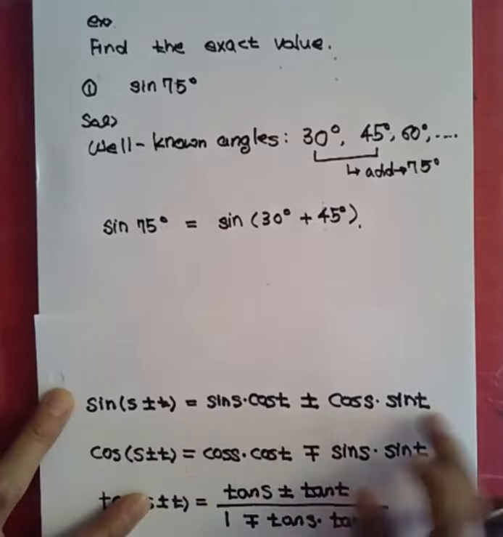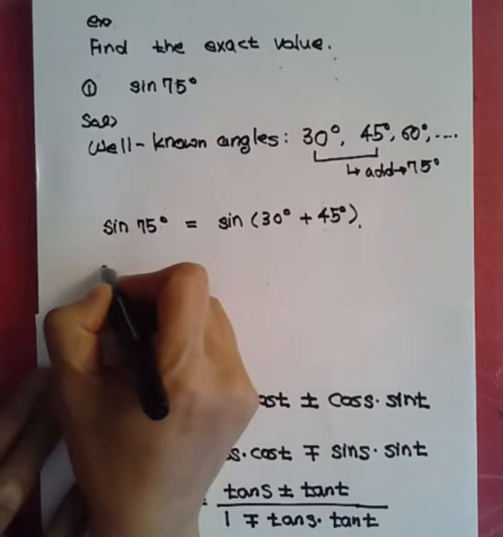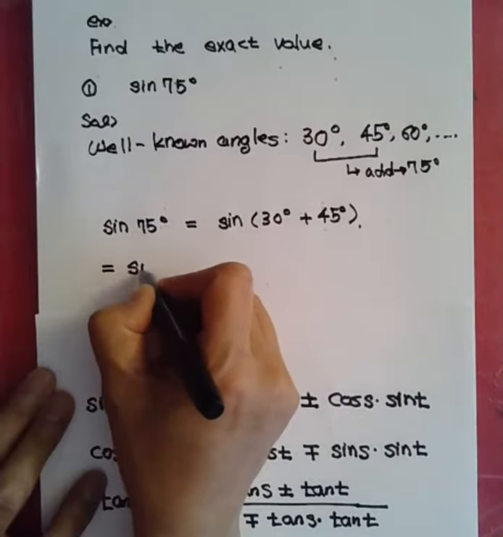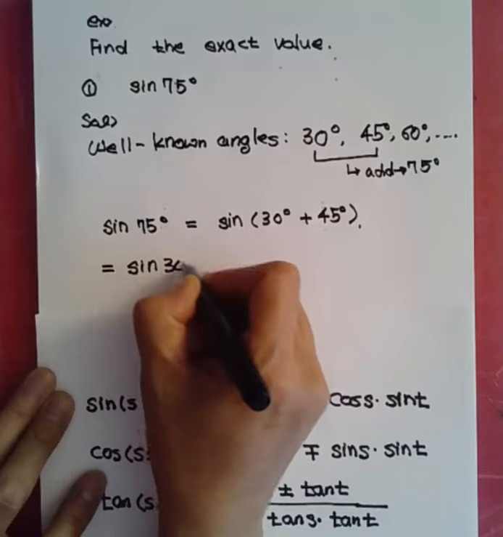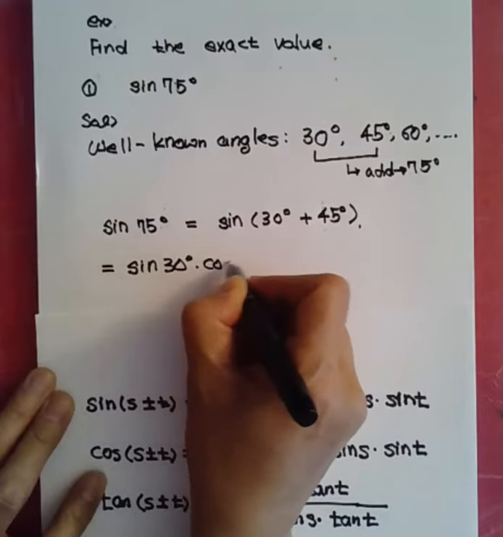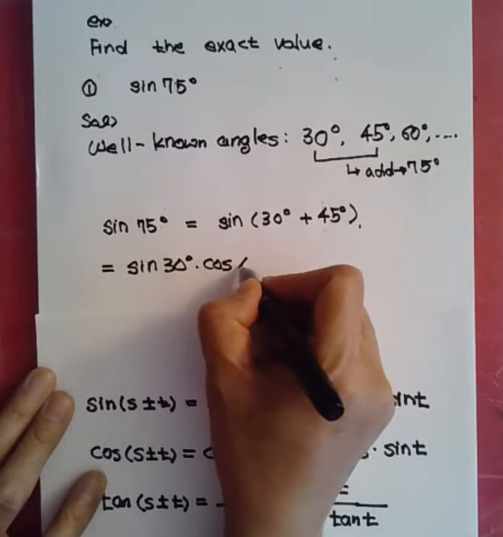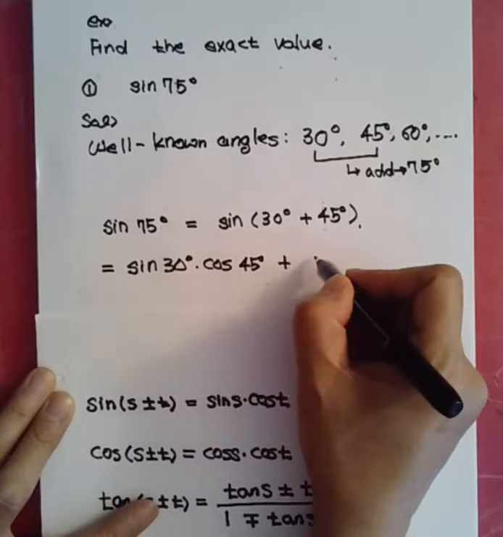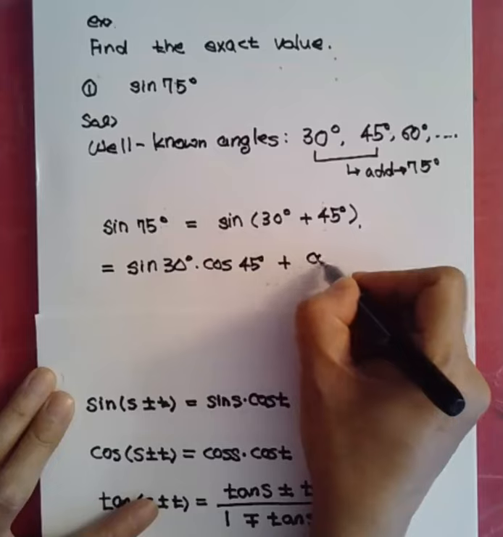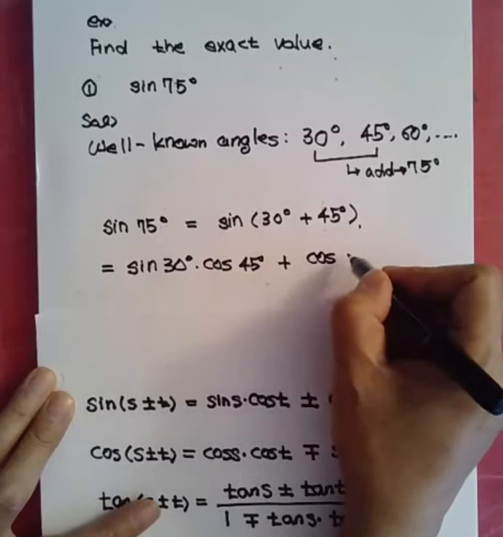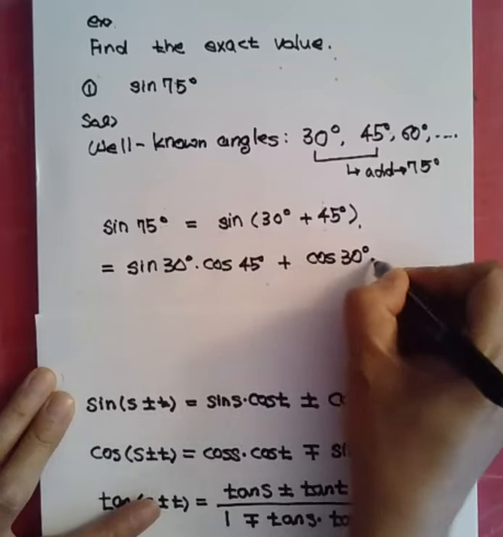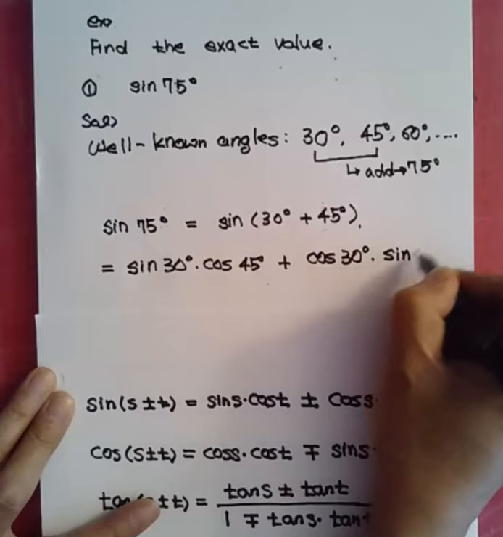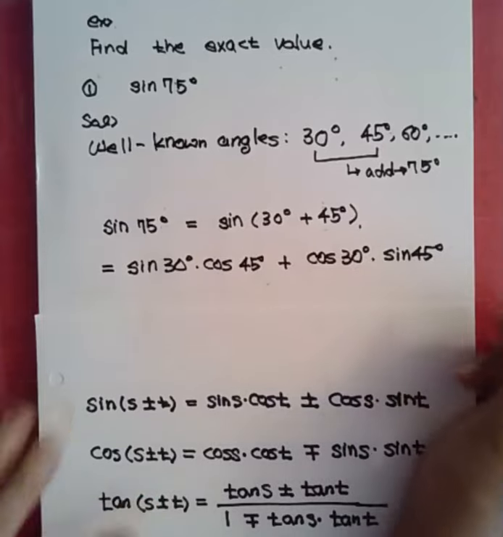So we will use this formula. Then it will be sine of 30 degrees times cosine of 45 degrees plus cosine of 30 degrees times sine of 45 degrees.